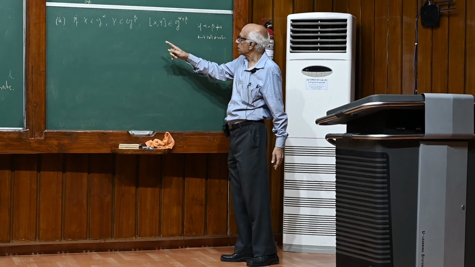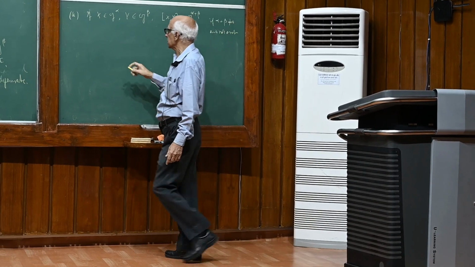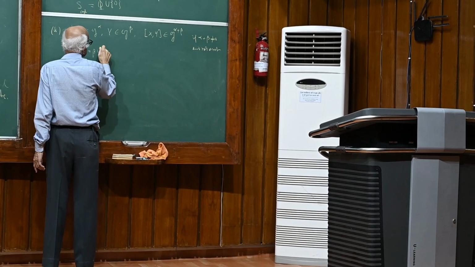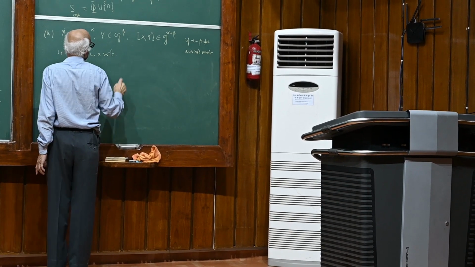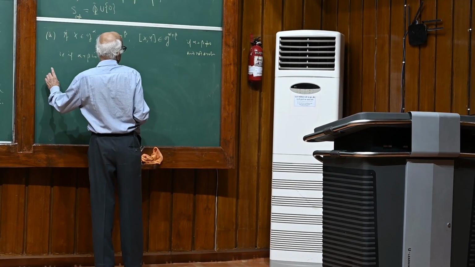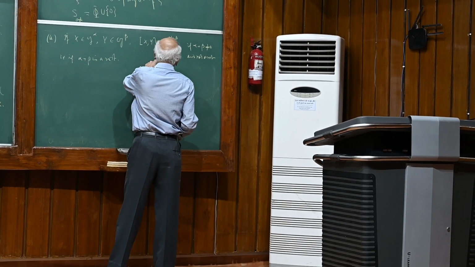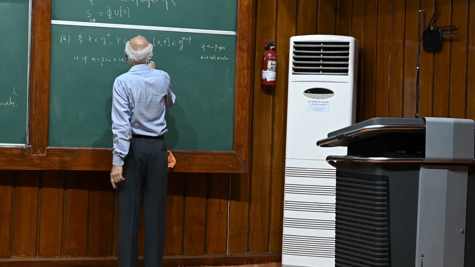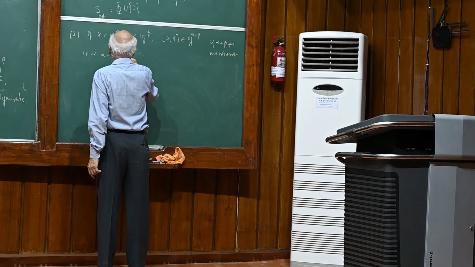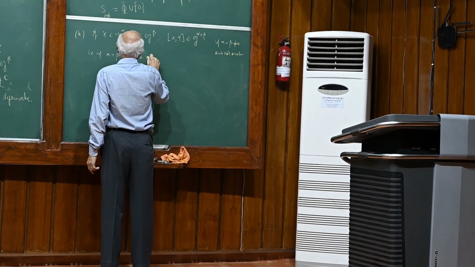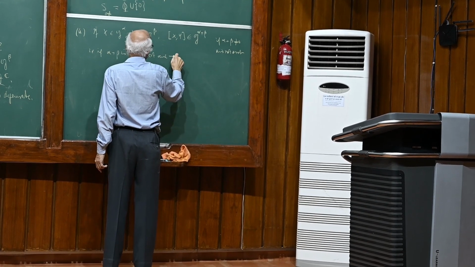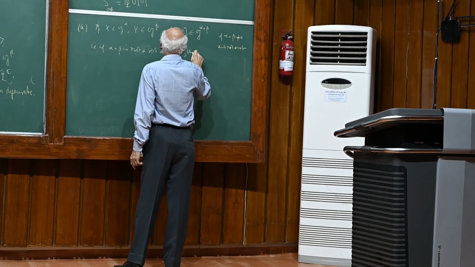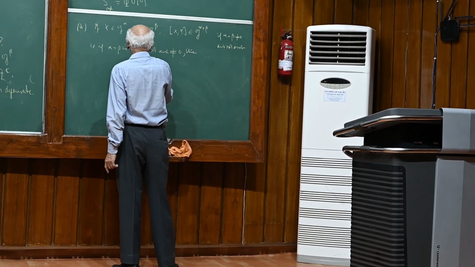So what I mean by this is, if alpha plus beta is not a root and not 0, then [X,Y] is 0.